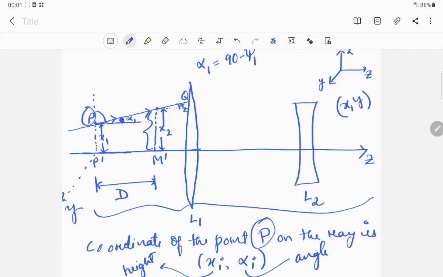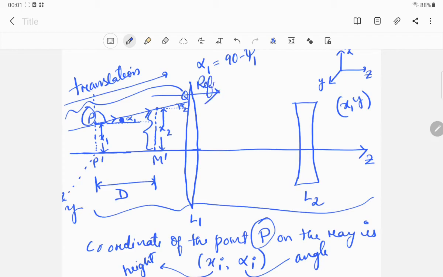When the ray is going from here to here, it is called translation. That means no change in the medium, no change in the refractive index. Then it passes through this lens, which is called refraction, that means change in the medium. Then again it is translation. Then again it passes through this lens, so again refraction, a change in the refractive index.